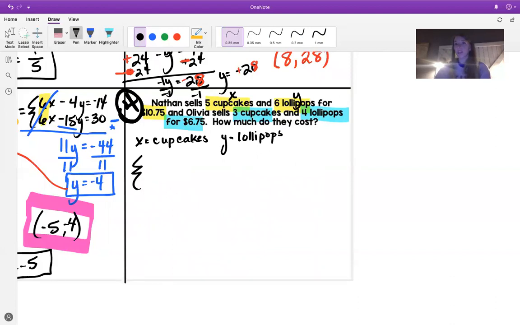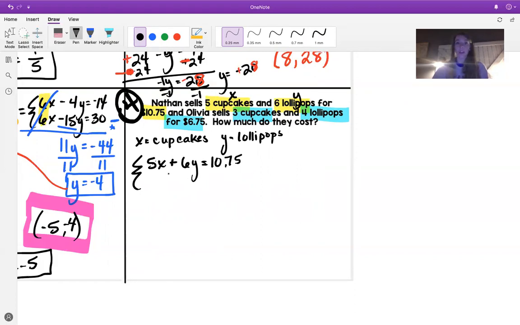So I went ahead and highlighted them in the colors of the equations that need to stay together. We have Nathan's cupcakes and lollipops, and we have Olivia's cupcakes and lollipops. So if Nathan has 5 cupcakes plus 6 lollipops, and that all equals $10.75.